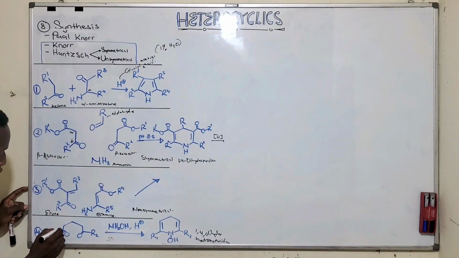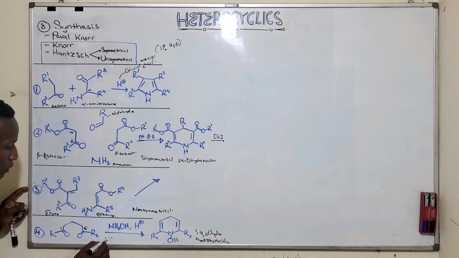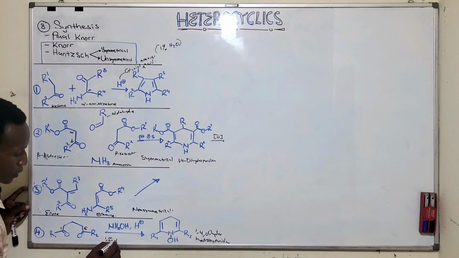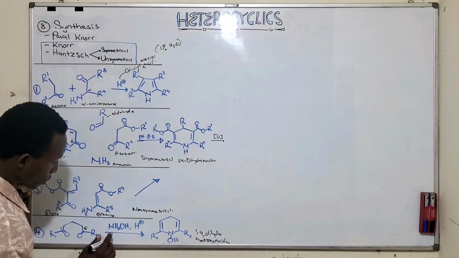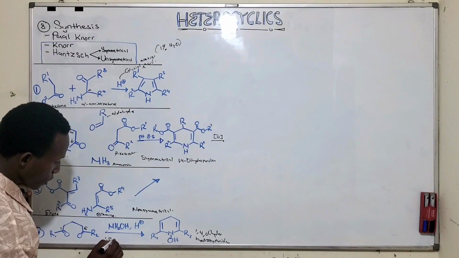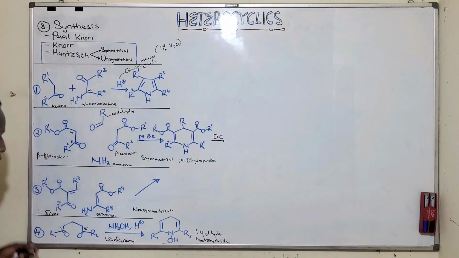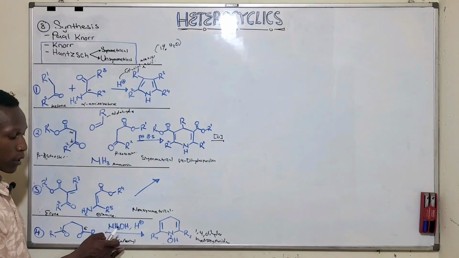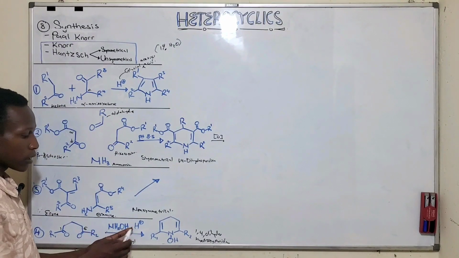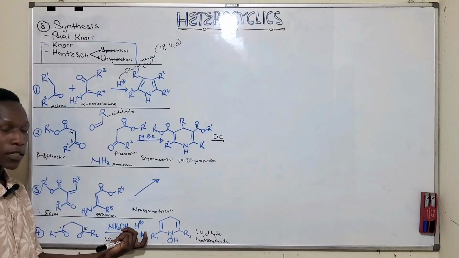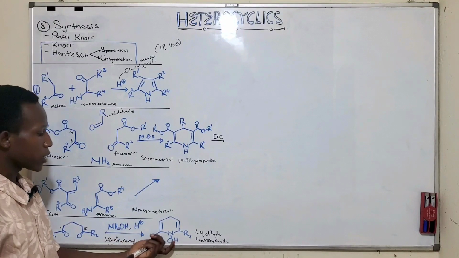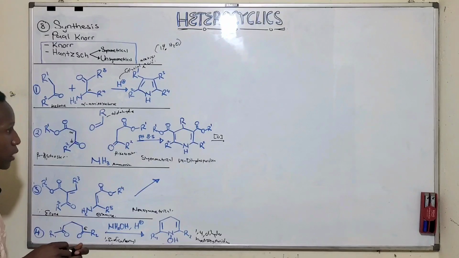But this one is position 1, this is position 5. This is 1, 2, 3, 4, 5. So it is a 1,5-diketone or dicarbonyl in the presence of hydroxylamine, ammonia, and catalyzed by an acid. We are getting this product.